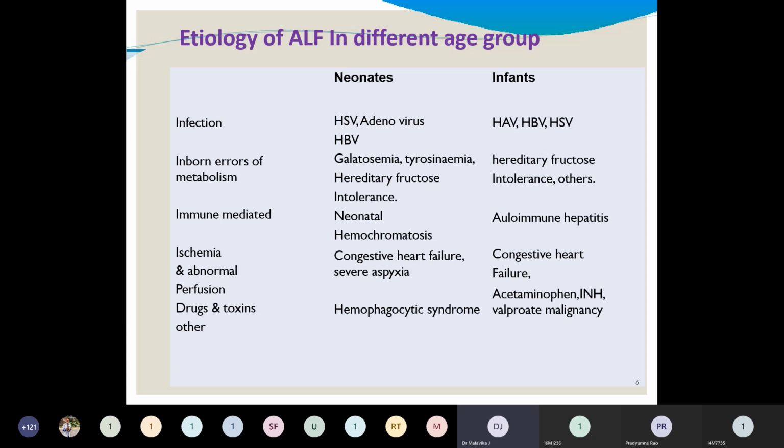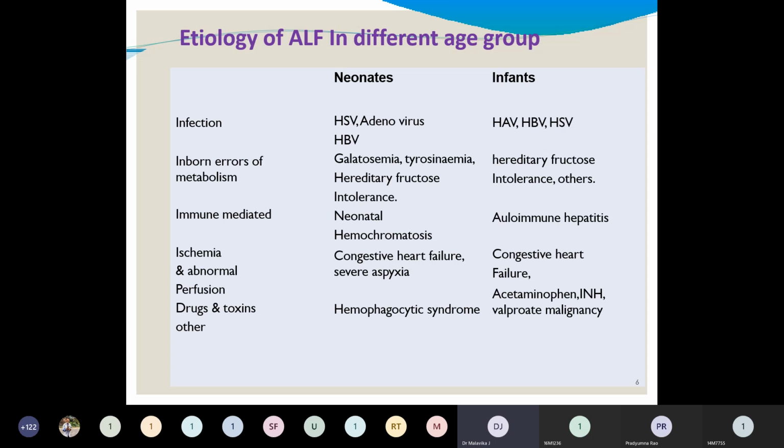Coming to the infantile period, the commonest infections are hepatitis A virus, hepatitis B virus, and herpes simplex virus. Next are hereditary inborn errors of metabolism, more important being hereditary fructose intolerance, and immune-mediated conditions like autoimmune hepatitis. Ischemic and abnormal perfusion causes are similar, like congestive heart failure and respiratory failure.